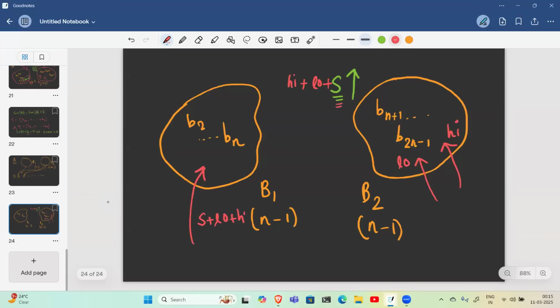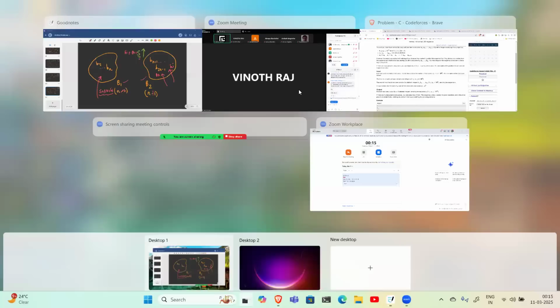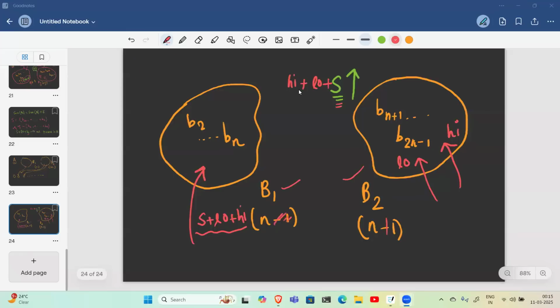If I do that, the sums of bags B1 and B2 become balanced. Now I've inserted two more integers here, so the size of bag B2 becomes n plus 1 and the size of bag B1 becomes n. We have already argued that S plus low plus high is larger than all elements in B, so it will not create a problem with the distinctness. Okay, is the solution clear?